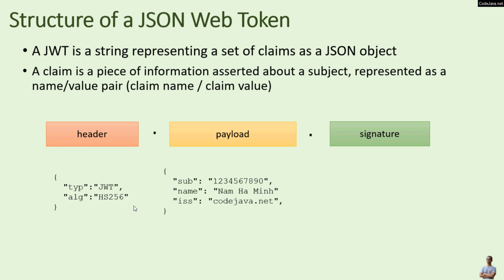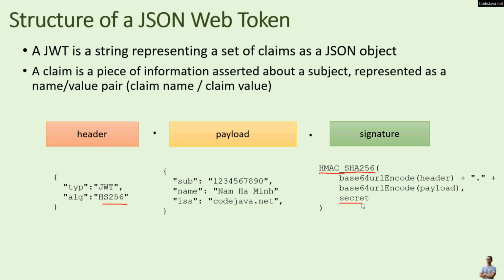And the payload contains the claim sets in terms of name-value pairs. Here's an example. The claim names are sub, or subject, name, and iss, or issuer. And the signature is calculated using the header and the payload. It takes the cryptographic algorithm specified in the header, for example, HMAC SHA-256 here, with a secret key to digitally sign the information, which is basically Base64 URL encoded header plus a dot plus Base64 URL encoded payload, and the result is a string like this.